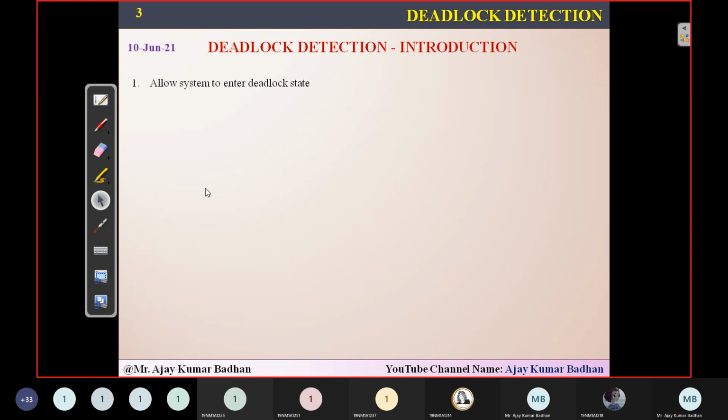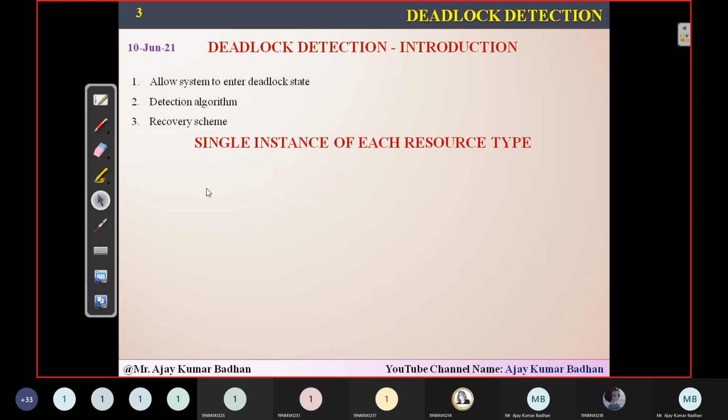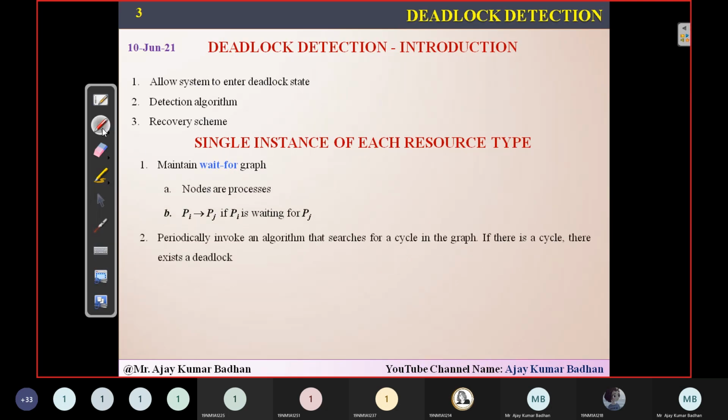So if we talk about deadlock detection, here also we have something called the deadlock detection algorithm scheme. That is what I have already explained. In this particular case, there are two ways of finding a deadlock. One way is when we have single instances.